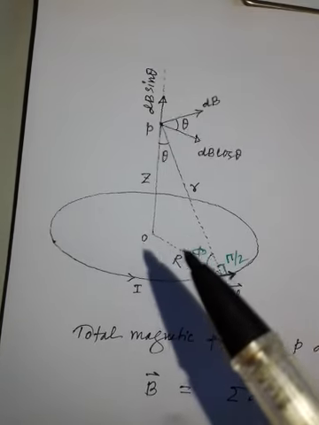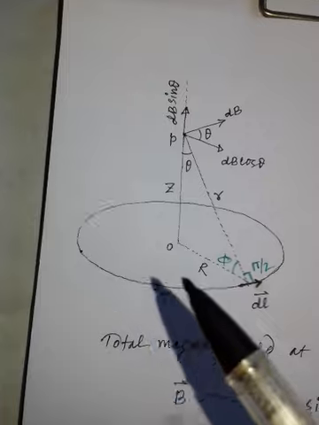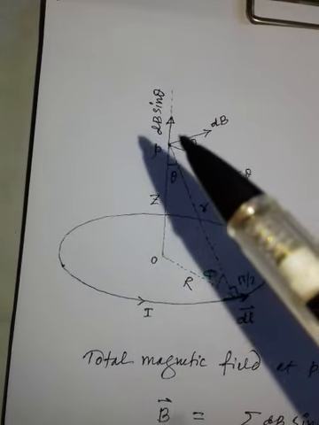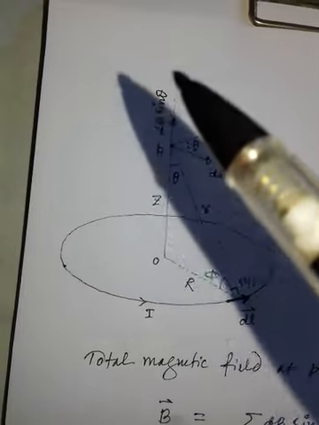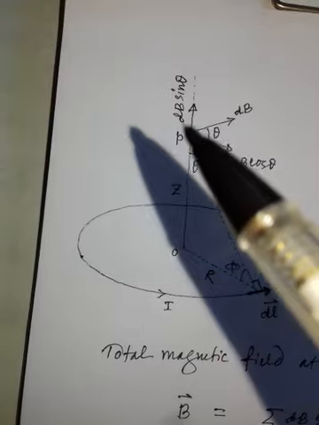So the resultant magnetic field at P due to the entire circular loop must be due to these dB sin theta, and we have to integrate this dB sin theta.